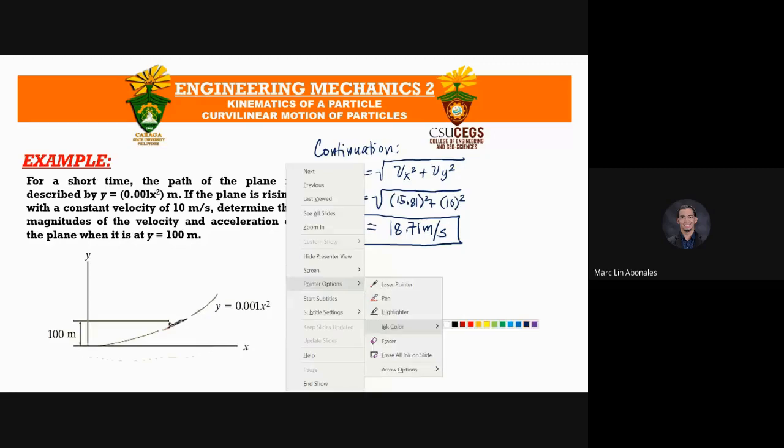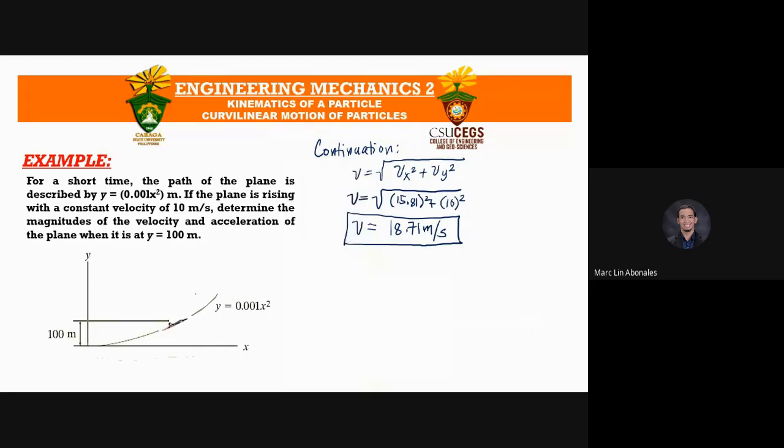When we draw, when we locate the velocity on a curved path, it is always tangent to the path of your particle itself.